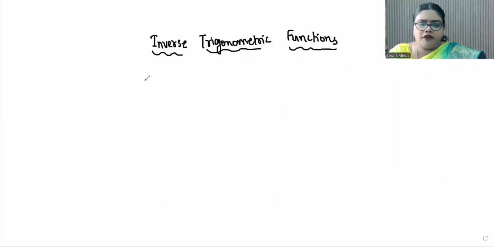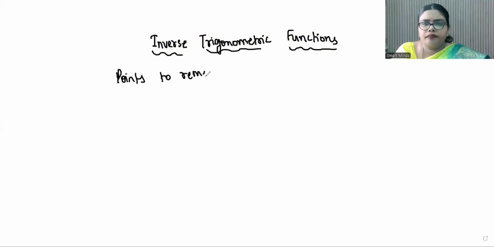So let us get started with inverse trigonometric functions. So first I will show you a few points to remember. These are the important points to remember in this chapter.